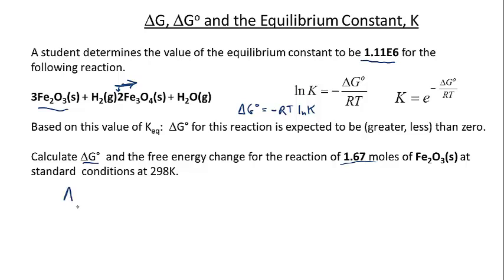So delta G0 is going to equal minus R, 8.314 times 10 to the minus 3 kilojoules per Kelvin, times the temperature, which is not given. We'll assume it's 298 Kelvin, times the natural log of K, so it's natural log of 1.11 times 10 to the 6th.